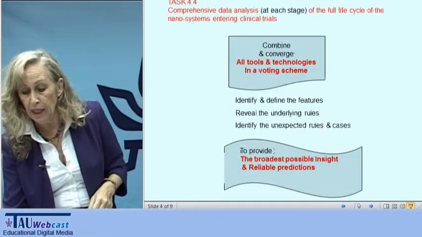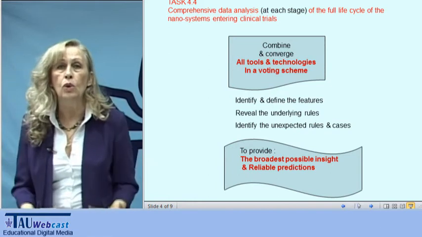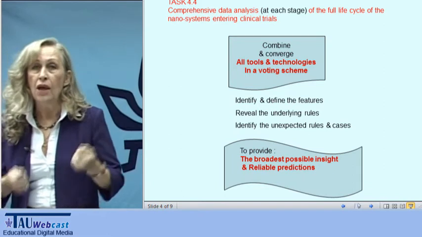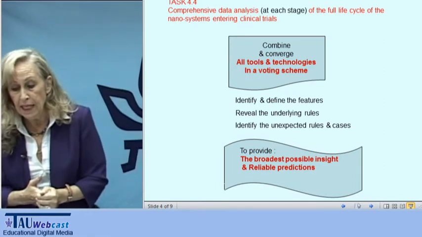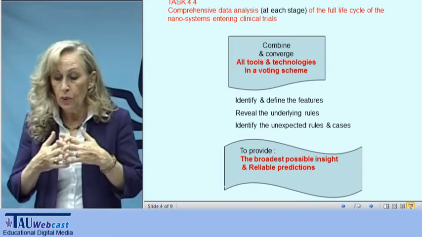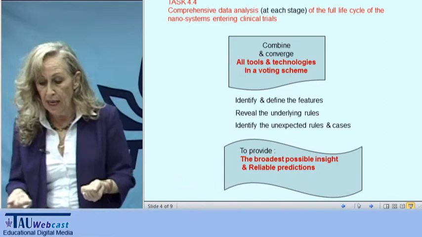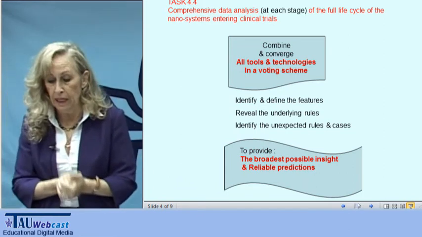And how do we do it? Actually, the idea is to converge all tools and all technologies, part that you already have in-house, the other part that we can provide as added value. And the idea is really to identify the relevant features, to reveal the underlying rules, and actually to provide a very reliable prediction.